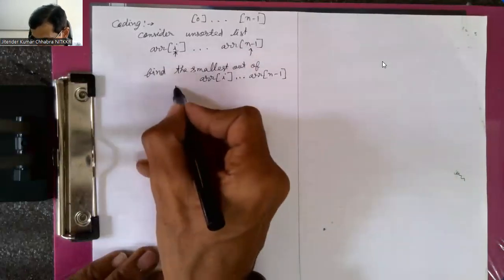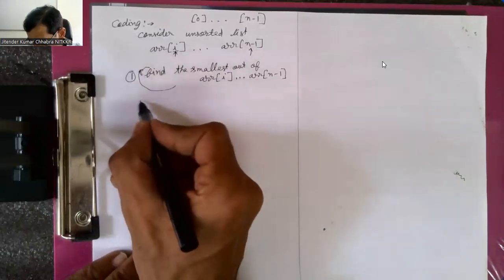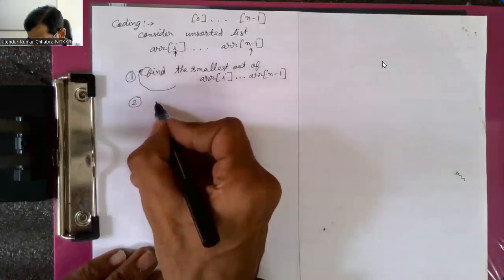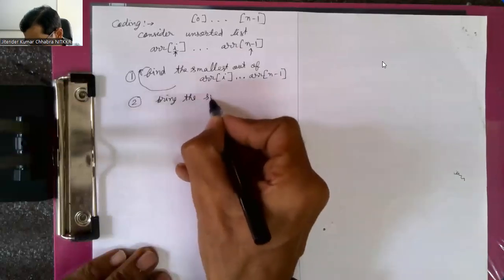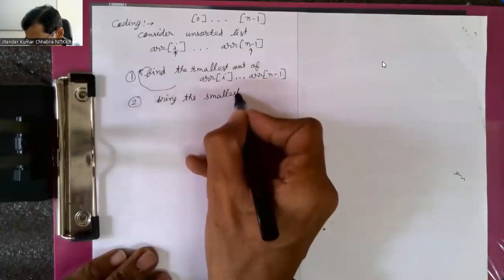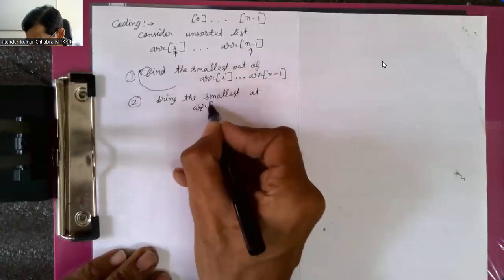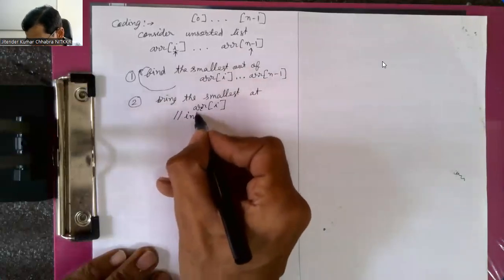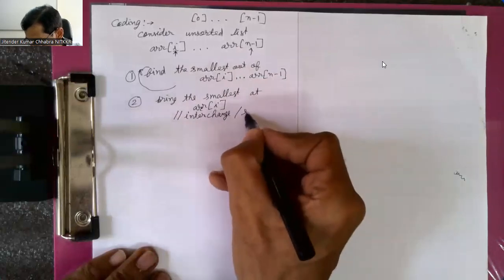Once you find it, that will be, let's say, step 1. Then what I will do is bring this smallest to the starting position. What is the starting position? Effectively array[i]. That will effectively be equivalent to an interchange or swap to be done.